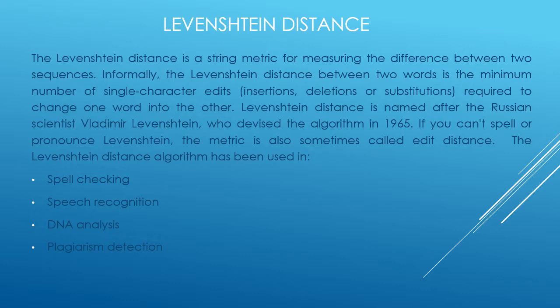If you can't spell or pronounce Levenshtein, the metric is also sometimes called edit distance. The algorithm has been used in spell checking, speech recognition, DNA analysis, and plagiarism detection.